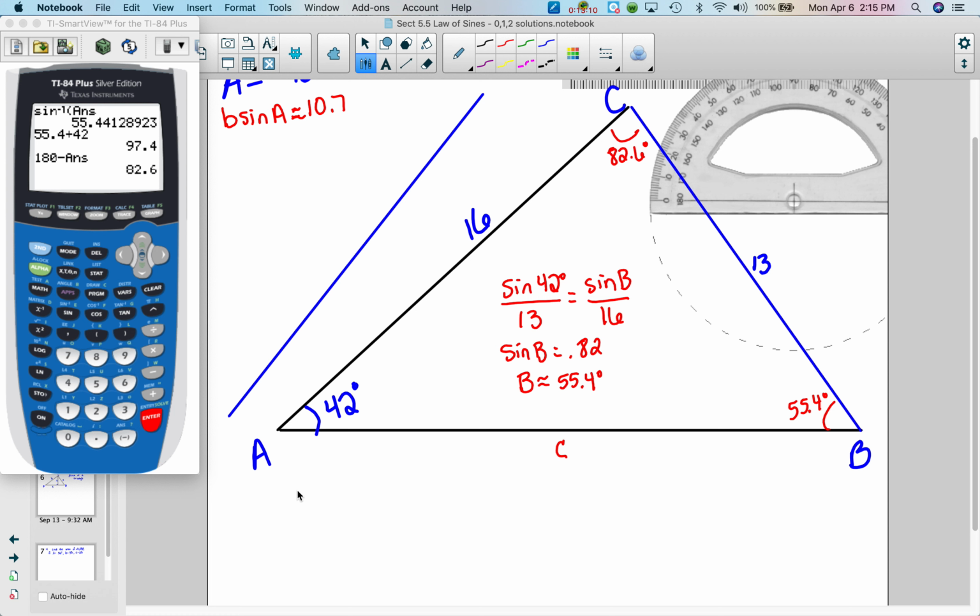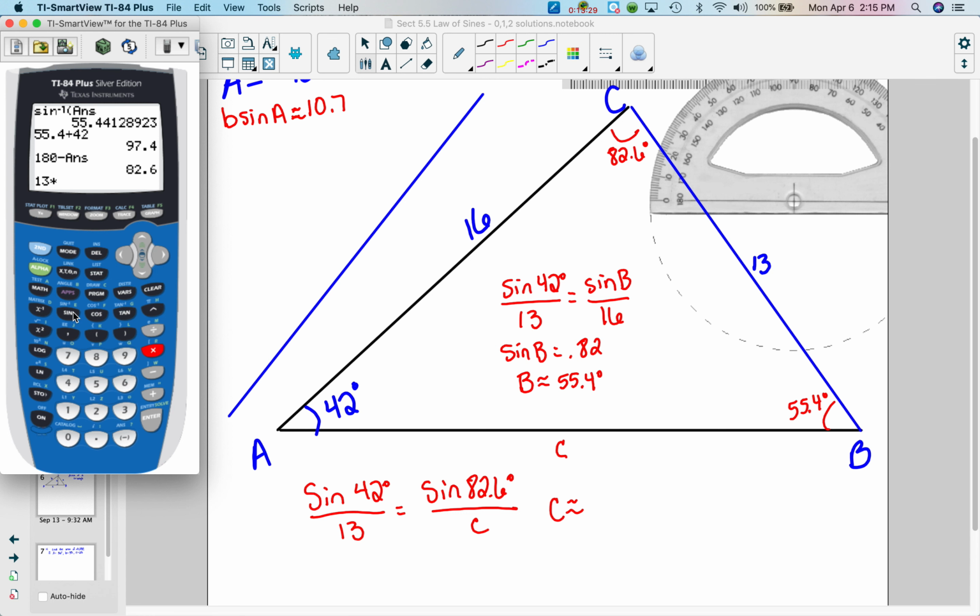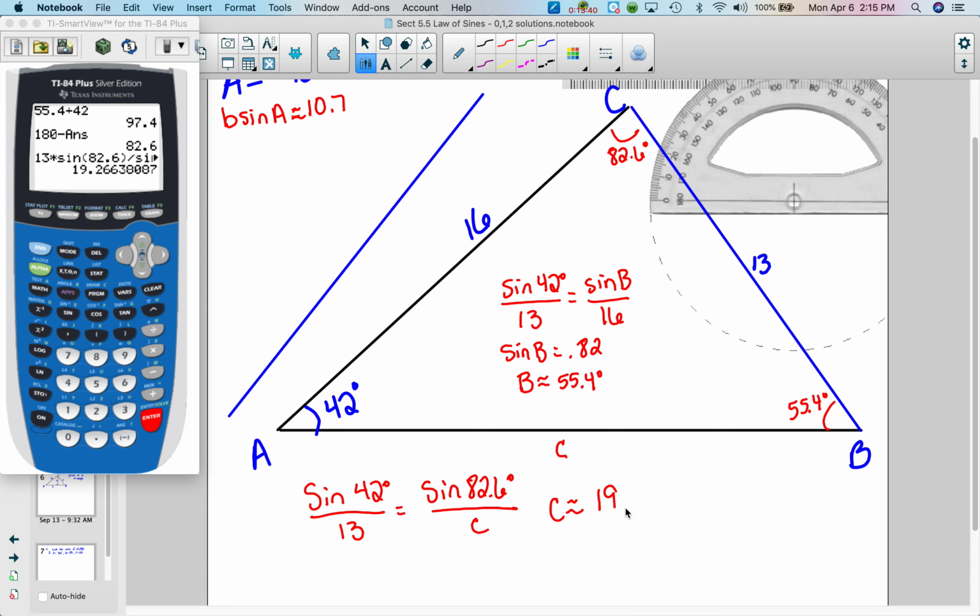So I'm going to use the part that I knew for sure. So sine 42 over 13 equals sine 82.6 over C. And now we're going to do that. So we get 13 times sine 82.6 divided by sine 42, and I get 19.3 approximately.